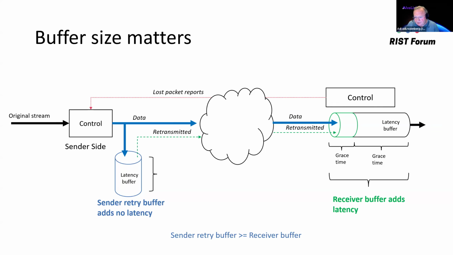So when you're doing planning, you need to understand the expectations of your application: whether you want a very assured delivery, meaning I want to recover all the packets and any jitter, or it has to be low latency. That means a lower latency buffer, and I need to put more buffer inside. On the sender side, the buffer doesn't add any latency, as you can see in the diagram, but it does need to be somewhat bigger than the receiver buffer so that any request for a lost packet can be fulfilled and sent to the receiver.